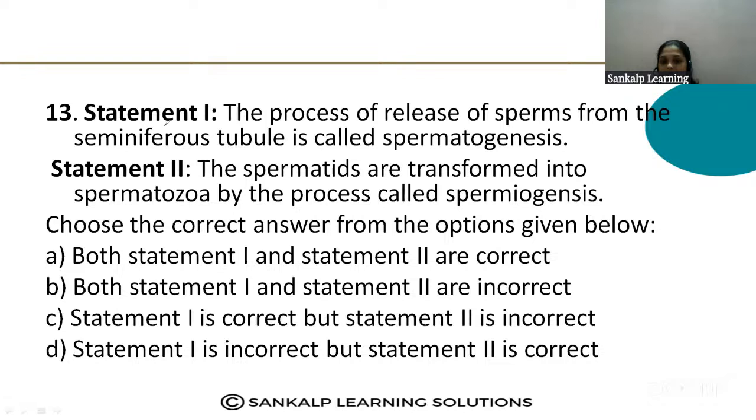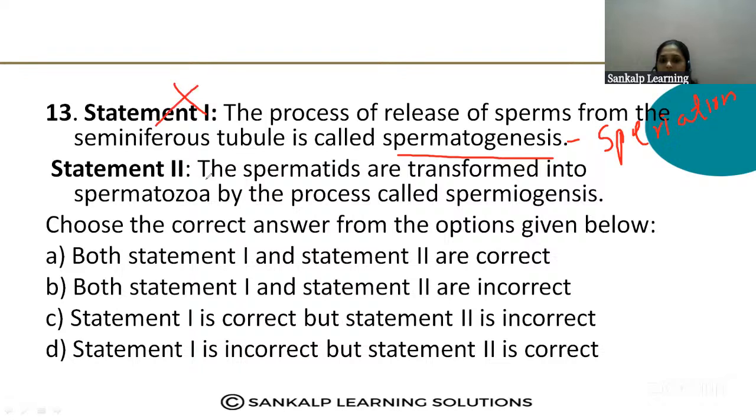Okay, many are telling option C: statement 1 is correct, but statement 2 is incorrect. Check it once. The process of release of sperms from the seminiferous tubule is not called spermatogenesis. It is called spermiation. Check the definition of spermiation. So statement 1 is incorrect.